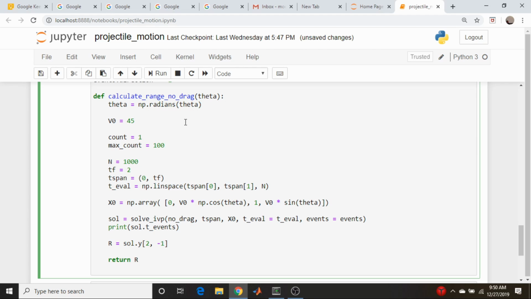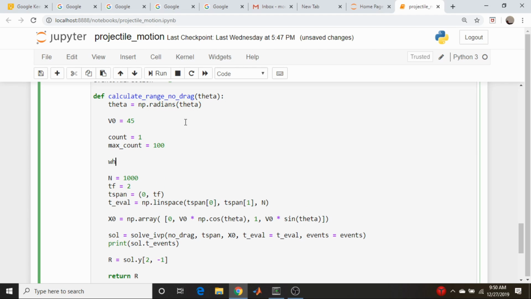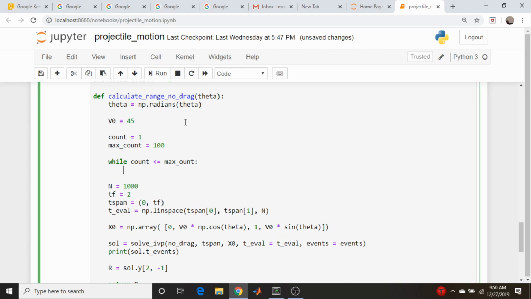So let's come down here, and we're going to say while count is less than or equal to max count, colon, count is equal to count plus 1. We're going to need to indent all these.